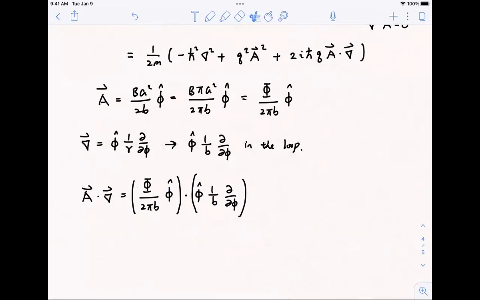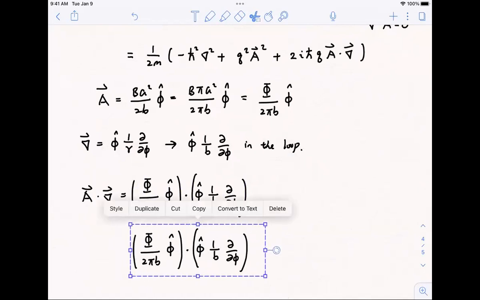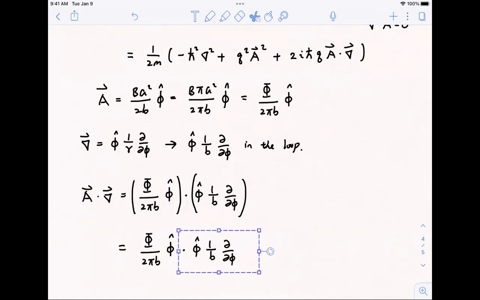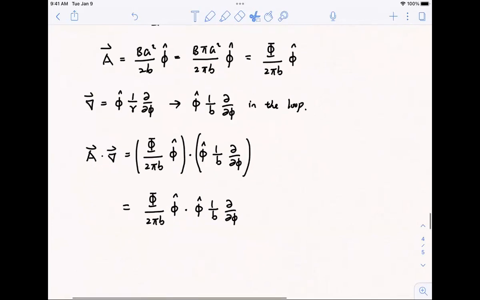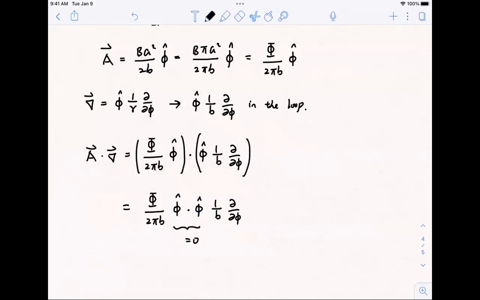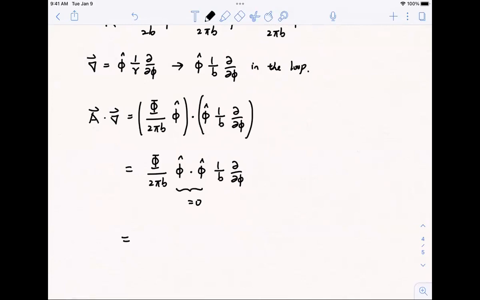Eventually the result will be simple. You just open the parenthesis, and the dot product is only on the vector. So this one will equal to 1. Then eventually you get something quite simple.